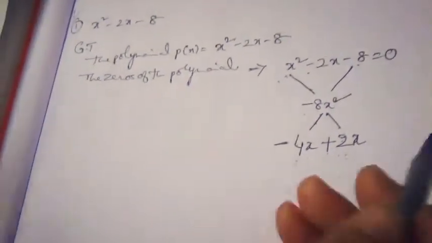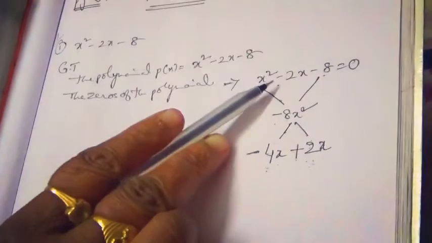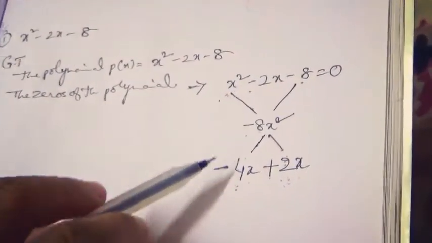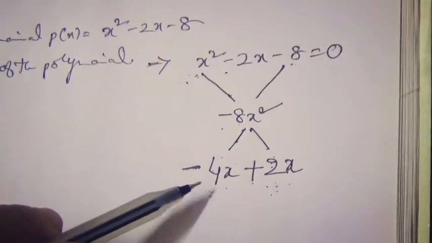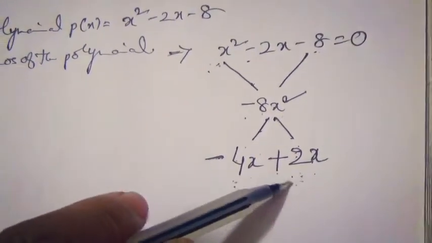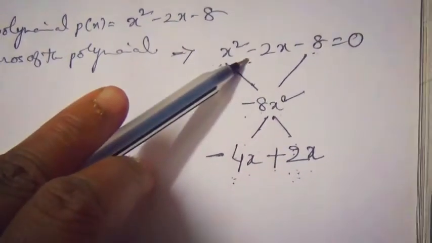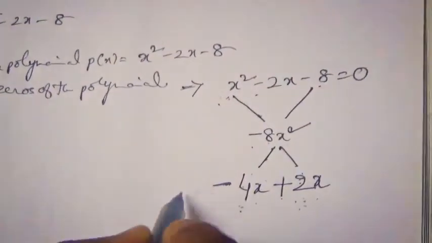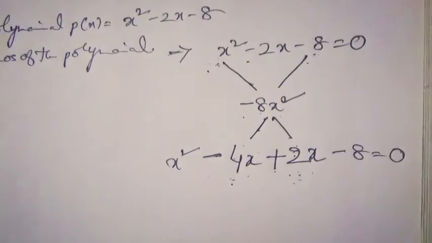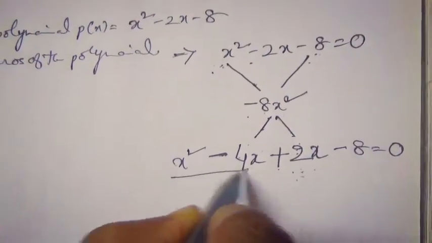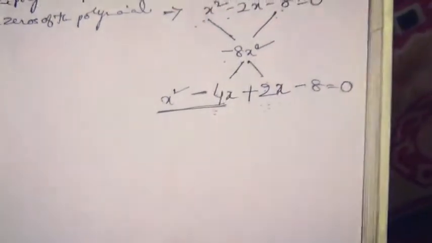Okay, when you add these two numbers you will get minus 2x. In front of the highest number we have minus, so when you subtract these two you will get minus 2x. So the first number as usual you write here, and the last number also like this. Look at these first two terms.